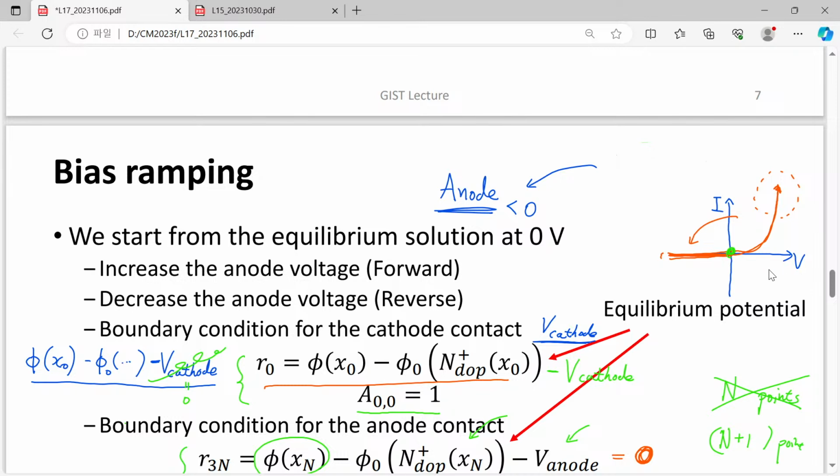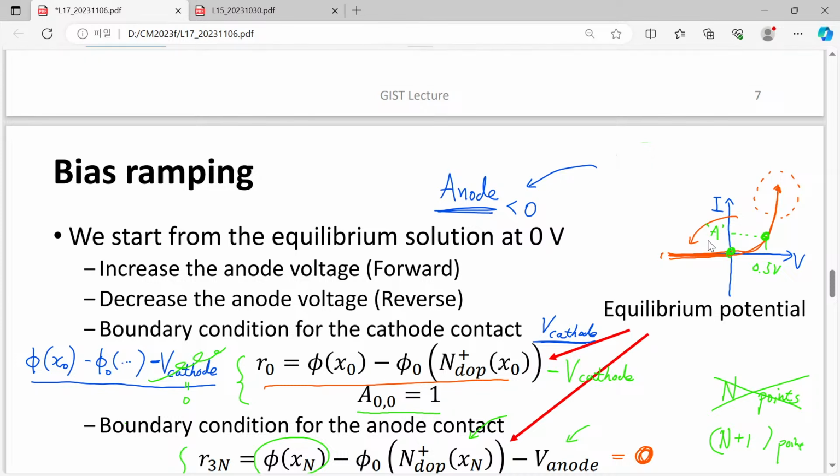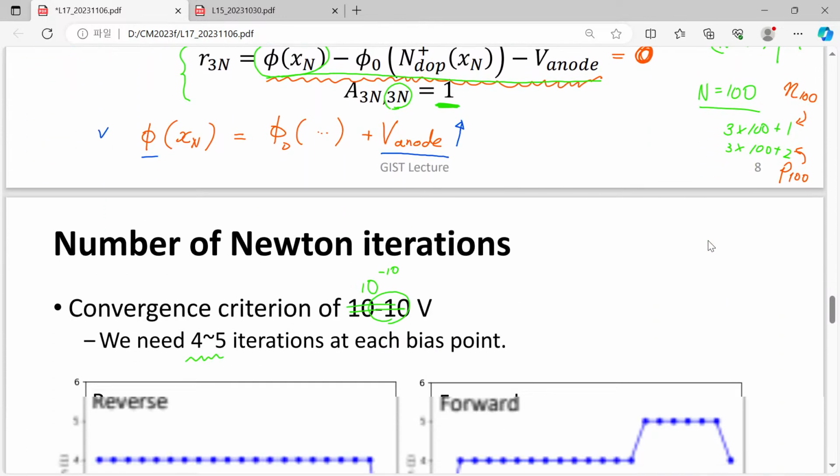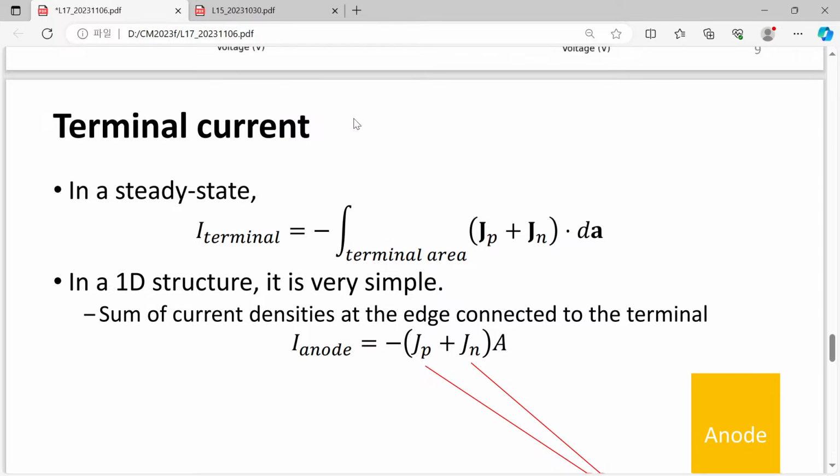Now, although you get the solution, for example, at 0.5 volt, if I ask you, okay, good, then what is the terminal current? Please write it down in ampere units. Right now you cannot answer that question. So our next slide is devoted to how you can calculate your terminal current.